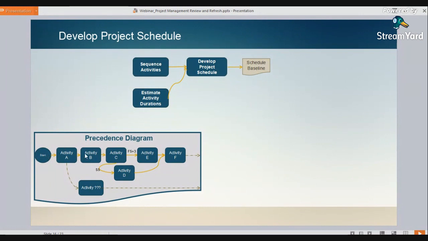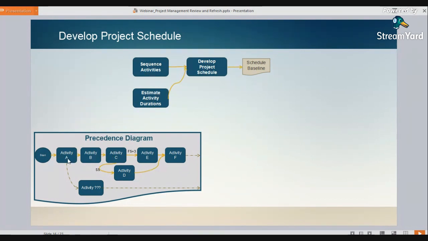So we start out with our precedence diagram. We have one here. We perform activity A, we move along to activity B, activity C. We call that dependencies.